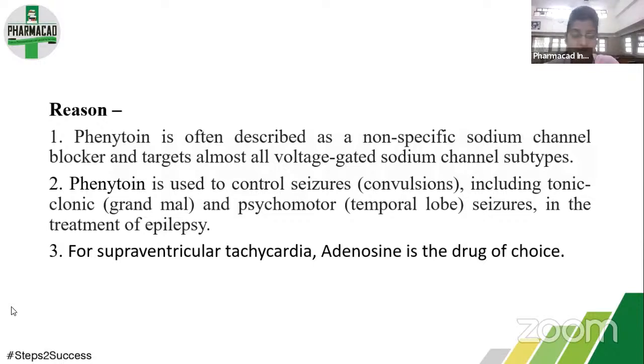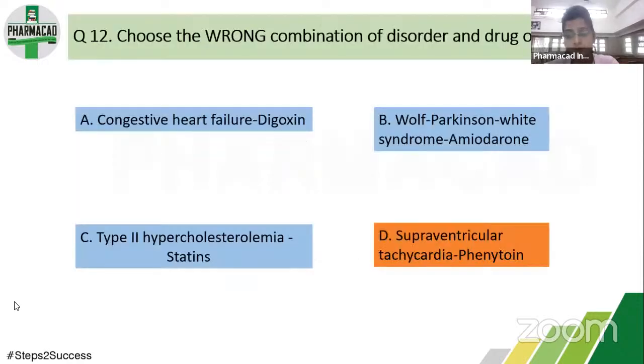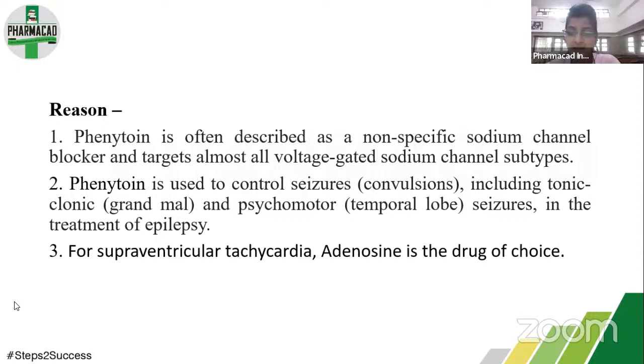And secondly, phenytoin's major use is to control seizures; psychomotor seizures in epilepsy are treated using phenytoin. But it is not a safer choice of drug for arrhythmia. Since it has sodium channel blocking properties, it is classified in class 1B of arrhythmia. Also, for supraventricular tachycardia, adenosine is the drug of choice which we use for this condition, and not phenytoin.